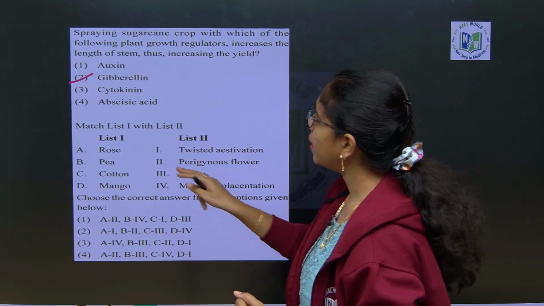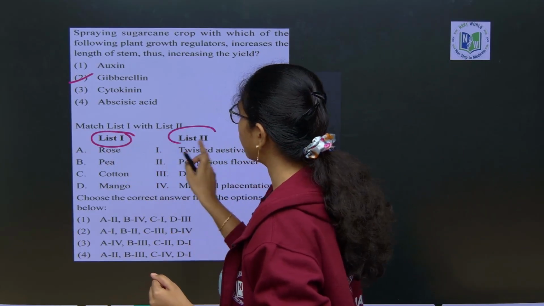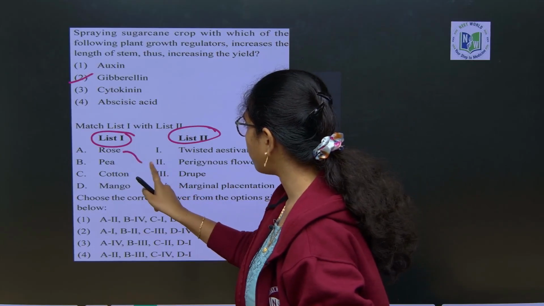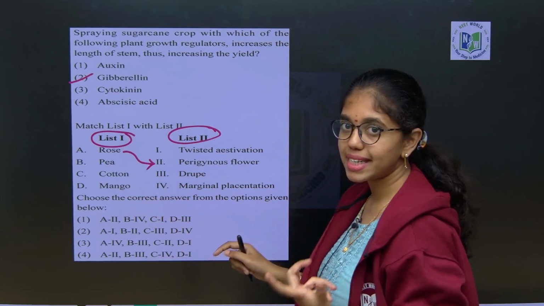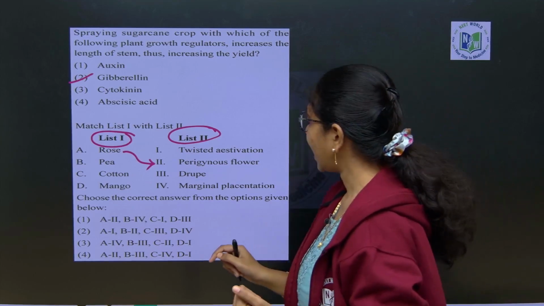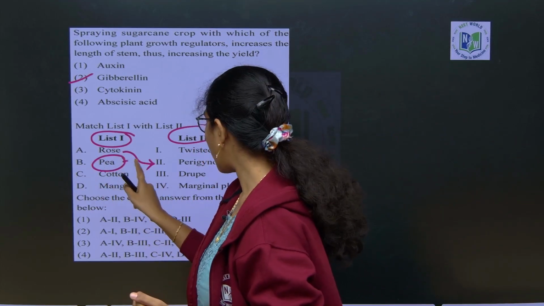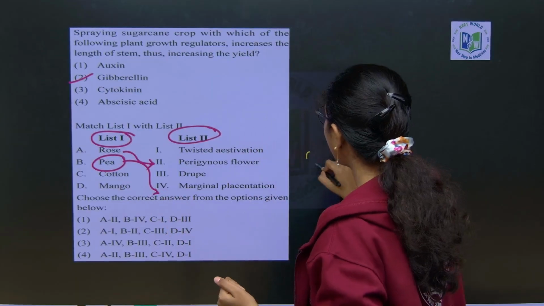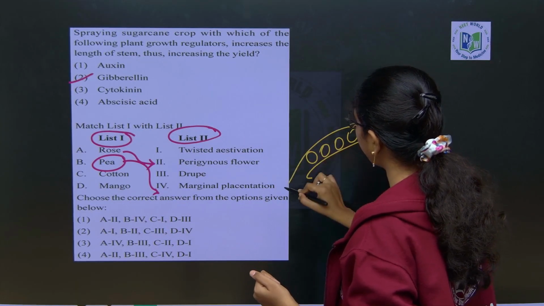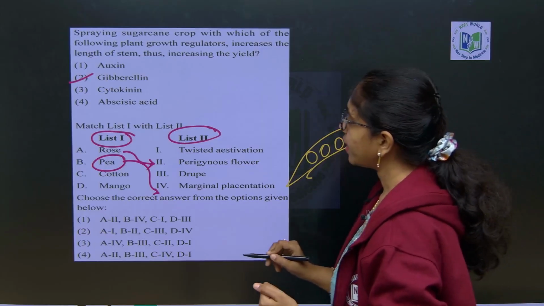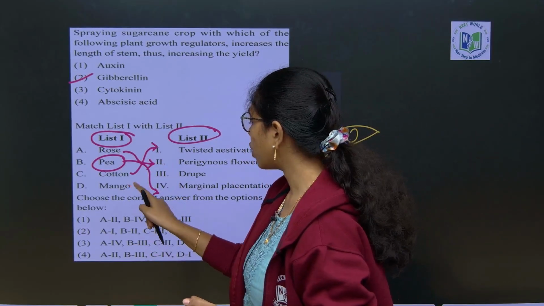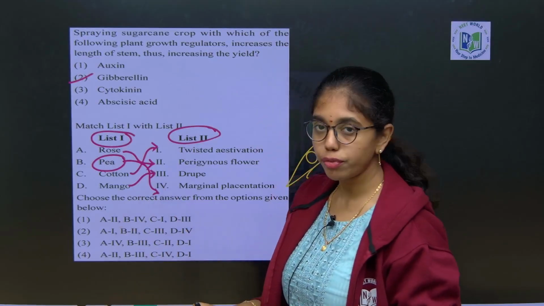Next, from list 1 and list 2, plum, rose, peach will have what type of flower? Perigynous flower. Best examples for perigynous flowers are plum, rose, peach. Next, P has marginal placentation where all the ovules are arranged on the ventral suture of the ovary. Okay. Next, cotton shows twisted aestivation. Mango has drupe type of fruit.